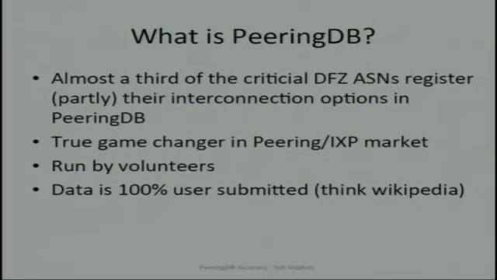Now, critical ASN is a very loose definition. PeeringDB, in my opinion, was a real game changer because it made life so much easier than scraping CSV files or parsing HTML to find out what the other guy's IP addresses are.